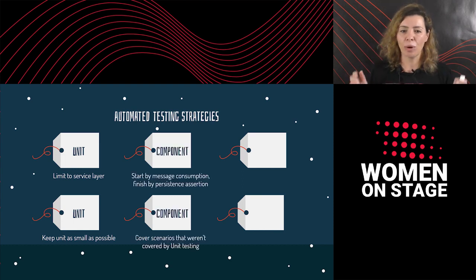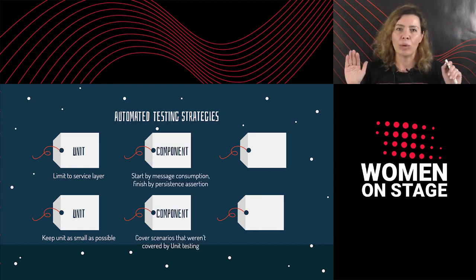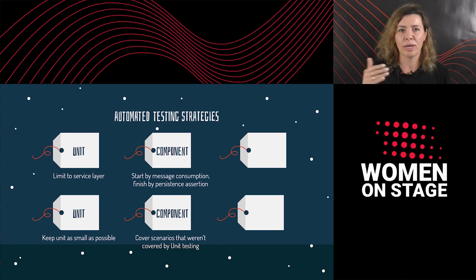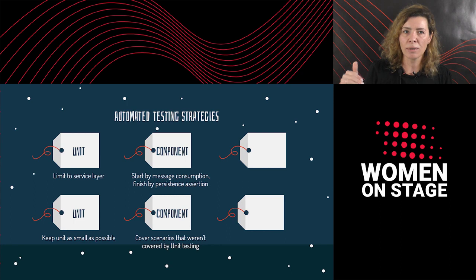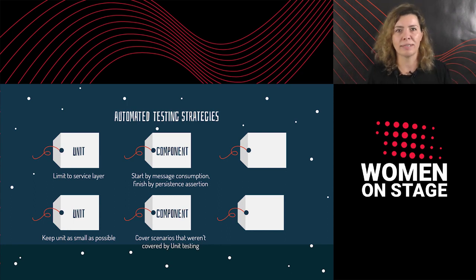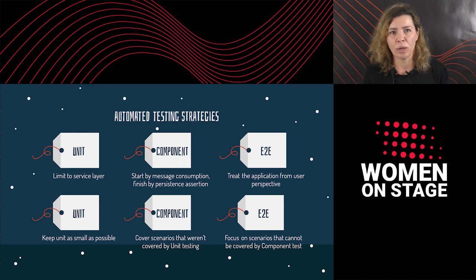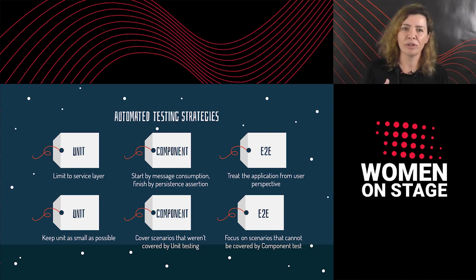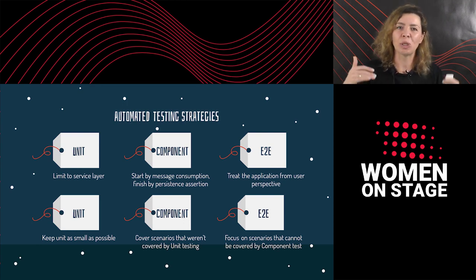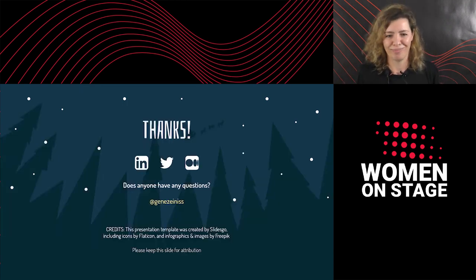When it comes to component testing, we want to cover the scenarios that weren't covered previously. We start with message consumption, and we finish with persistence assertions. In end-to-end testing, we want to cover the scenarios that weren't covered previously, and we treat the application from the user perspective. That's all.